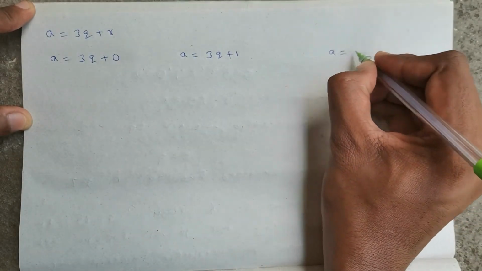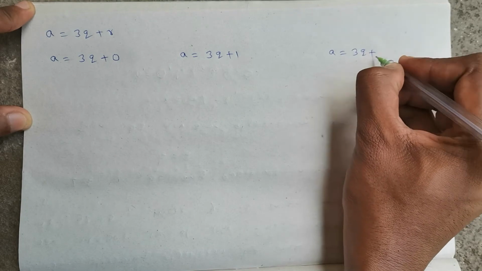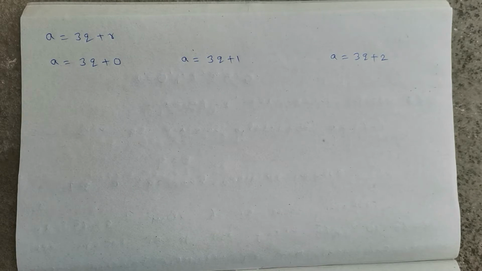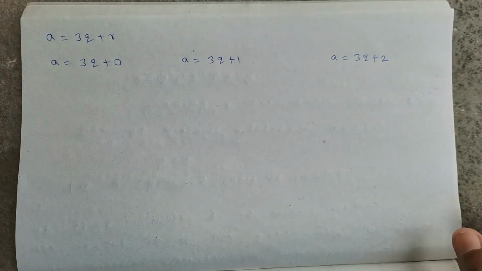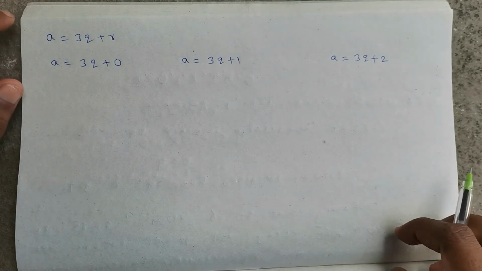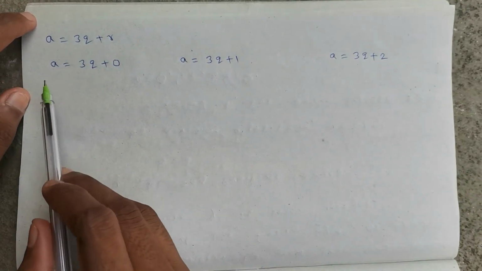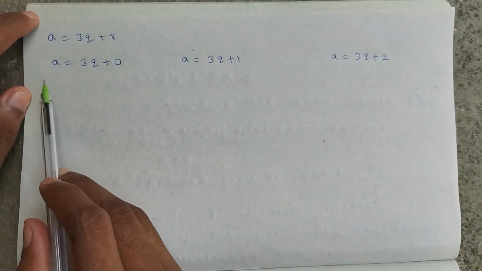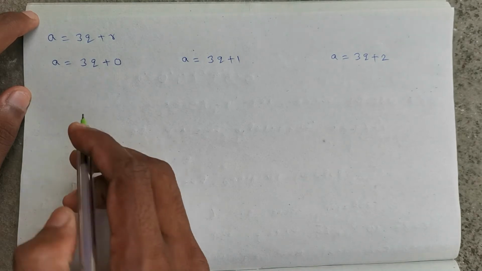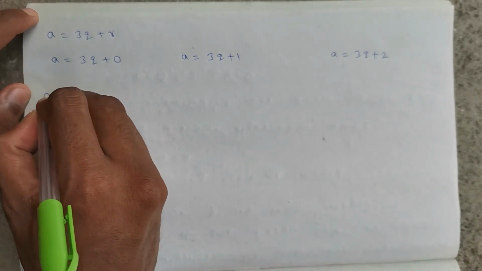Next remainder, A is equal to 3Q plus 2. And the question we have is, show that the square of any positive integer. Here we only have A, but we want A square, so I will do squaring on both sides.